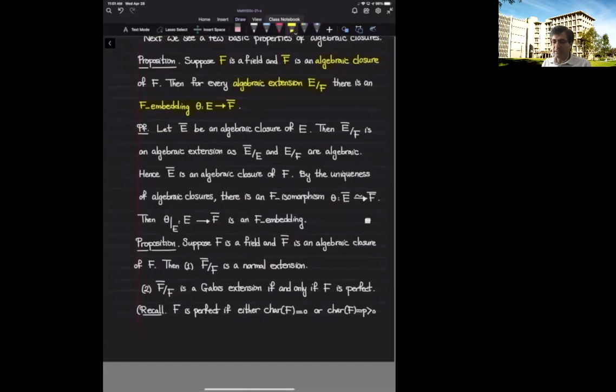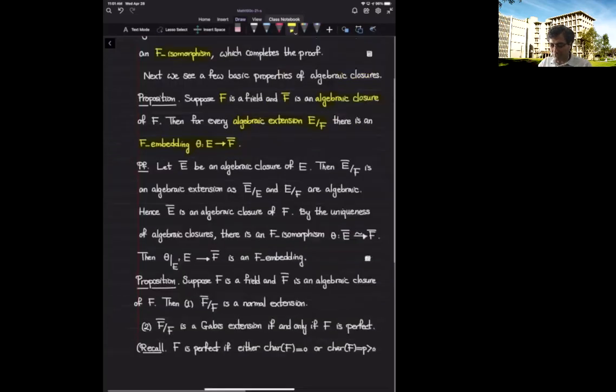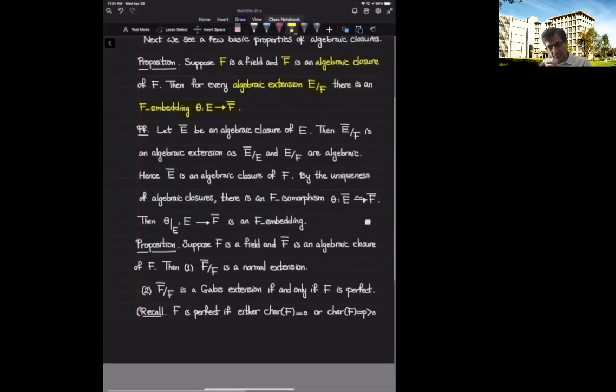How can we do it? The argument that I'm going to present is a good technique in order to send algebraic extensions to a fixed algebraic closure of a field.